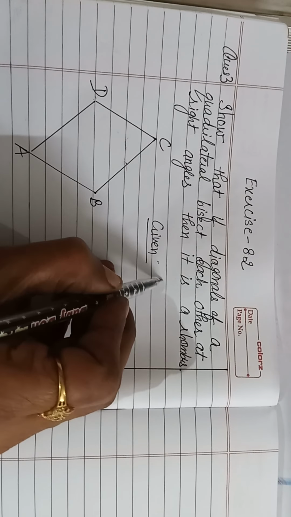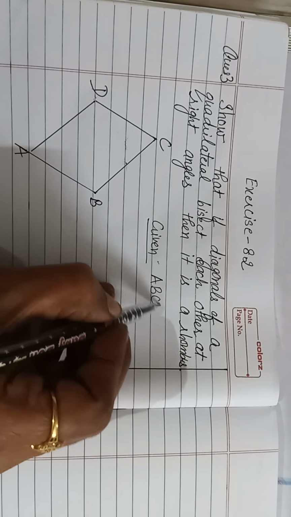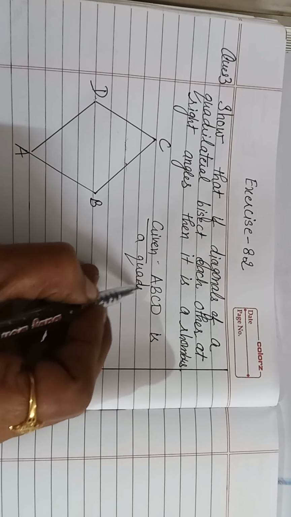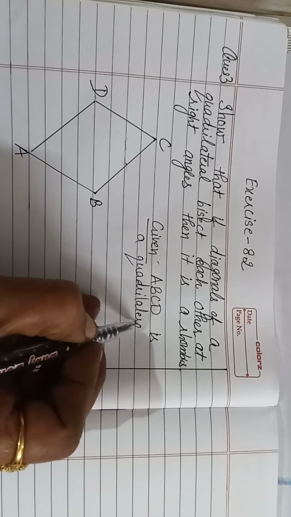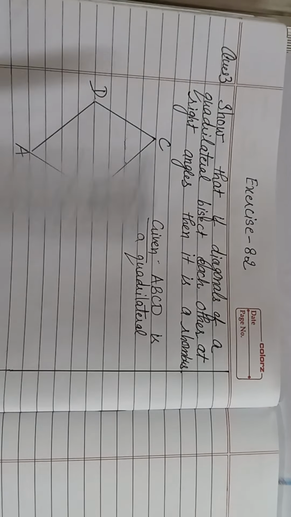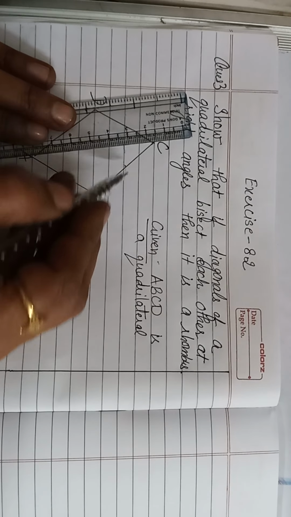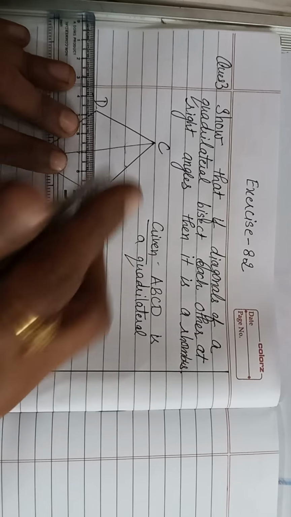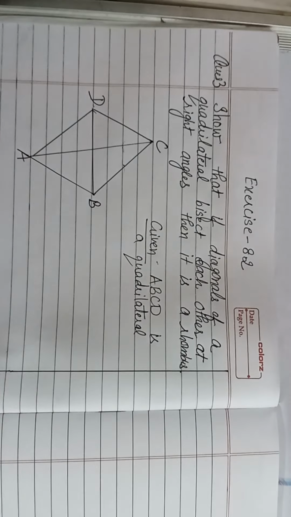It is given ABCD is a quadrilateral and its diagonals bisect each other at right angle. If I join these diagonals, like if I have AC and BD, these two diagonals I am taking.